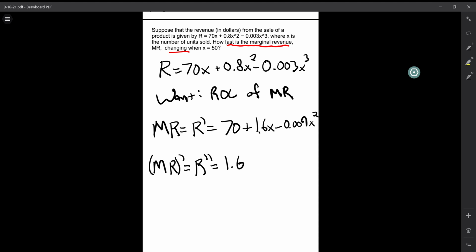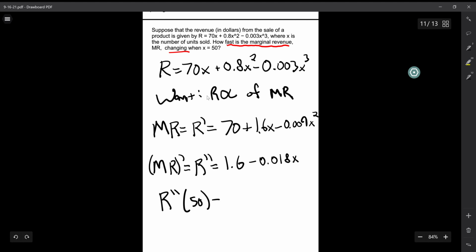And the derivative of this guy over here will be negative 0.018x, I believe. Therefore, the rate of change of the marginal revenue, which rate of change is derivative, so the derivative of the marginal revenue at 50 units we'll get by just plugging in to this function.